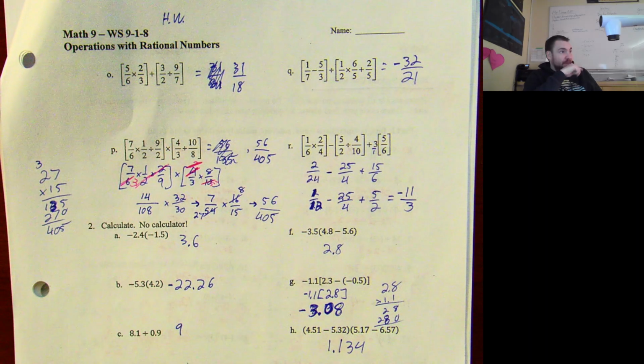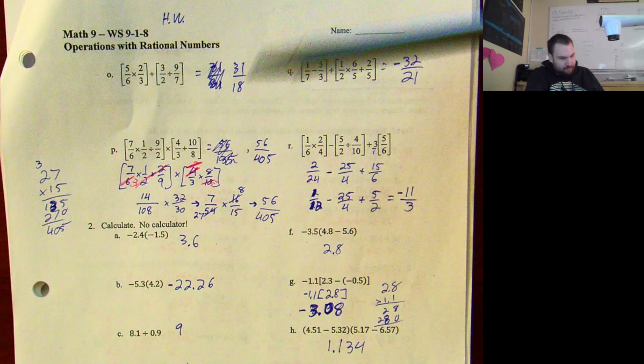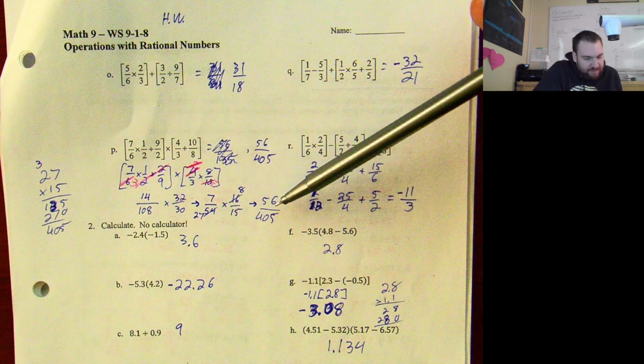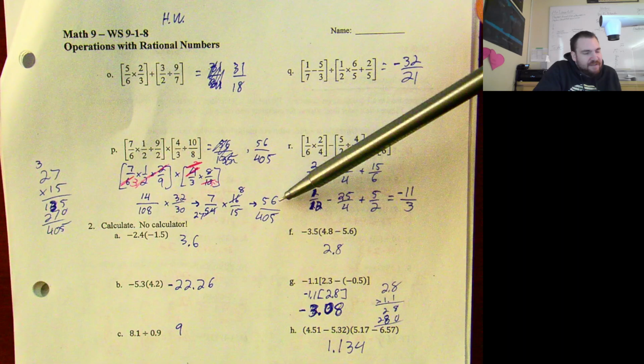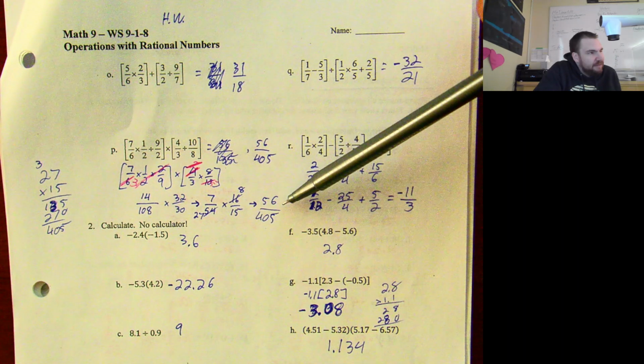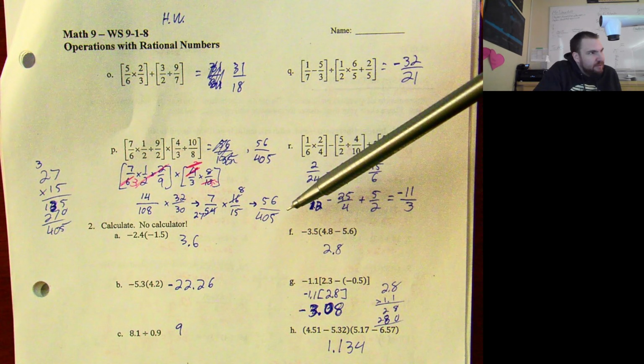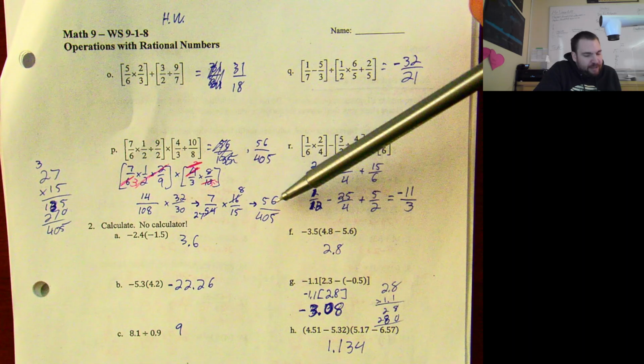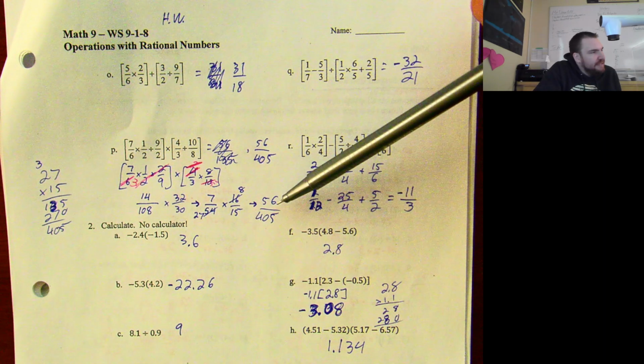Yeah, Carmen? This one? 56 over 405. 56 is divisible by 2 and 28. It's divisible by 4 and 14. Oh, you got 450.